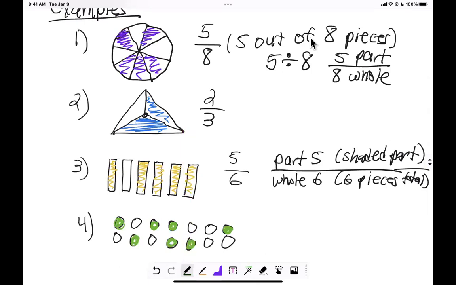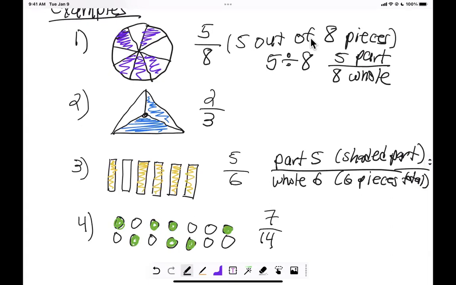So I had, hopefully I did 12. 1, 2, 3, 4, 5, 6, 7, 8, 9, 10, 11, 12. I did 14. How many did I shade? 1, 2, 3, 4, 5, 6, 7. 7 out of 14. So 7 green out of 14 total.